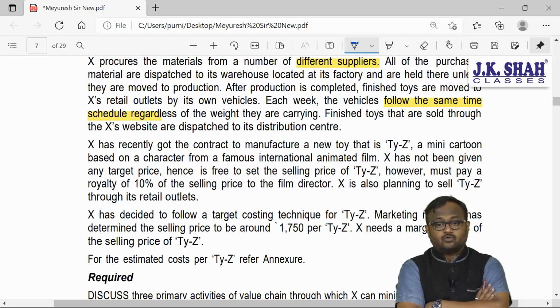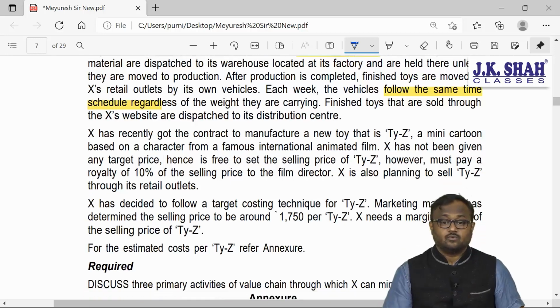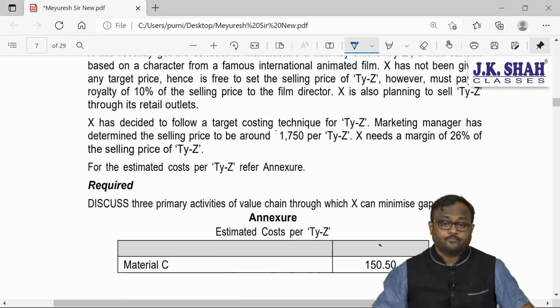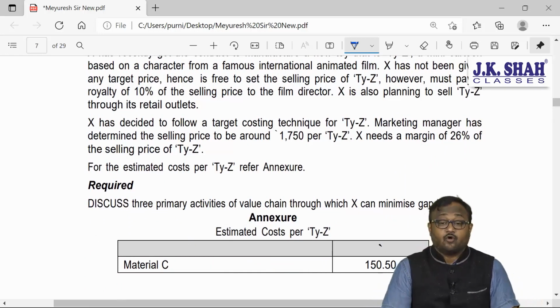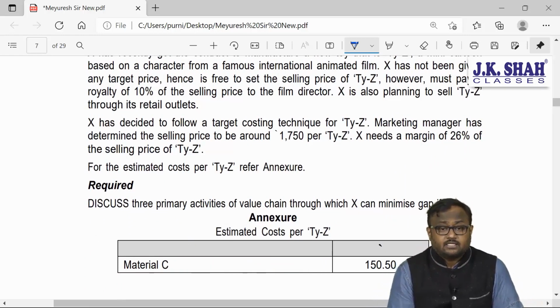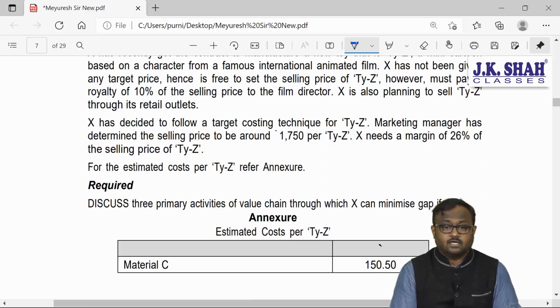X is also planning to sell TYZ through its retail outlets. X has decided to follow the target costing technique for TYZ. The marketing manager has determined the selling price at around 1750 per TYZ. X needs a margin of 26% of the selling price of TYZ. Following is the annexure.